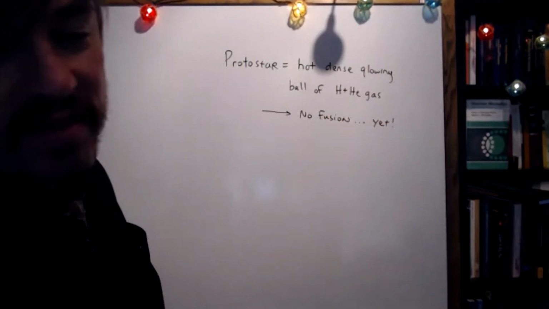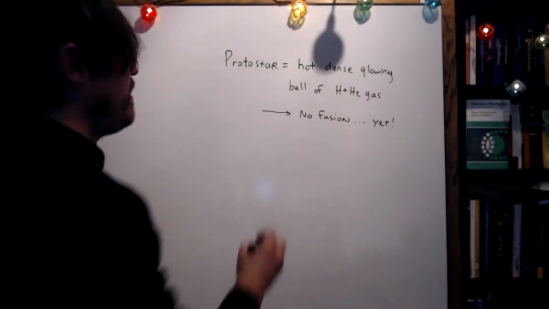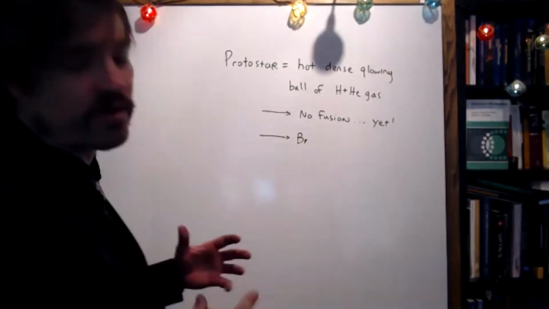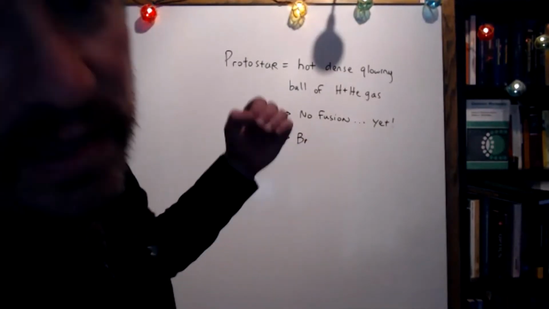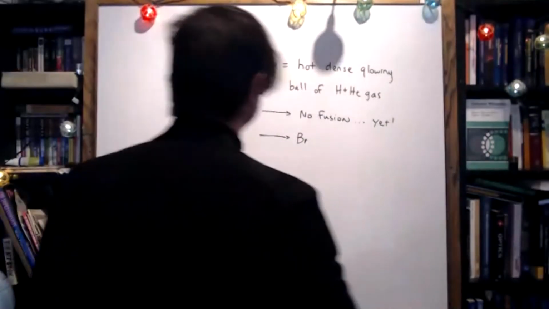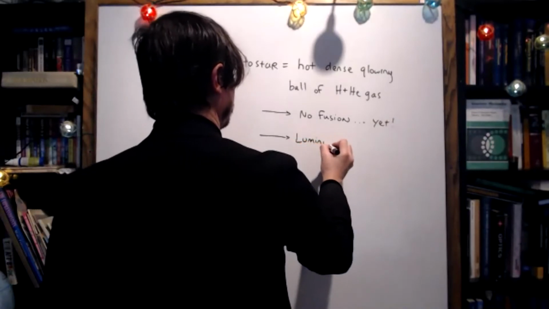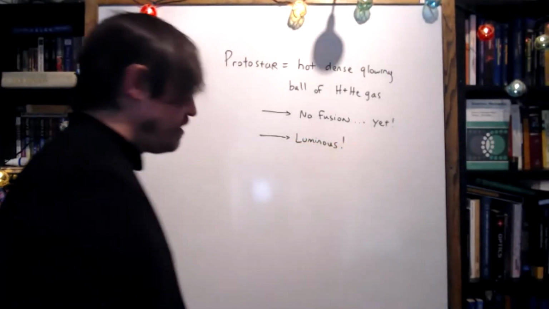However, a messed up thing about protostars is they are often very bright, or bright isn't the correct terminology, very luminous. They give off a lot of light. In fact, when our sun was a protostar, it would have shined with more than 4 × 10²⁶ watts.